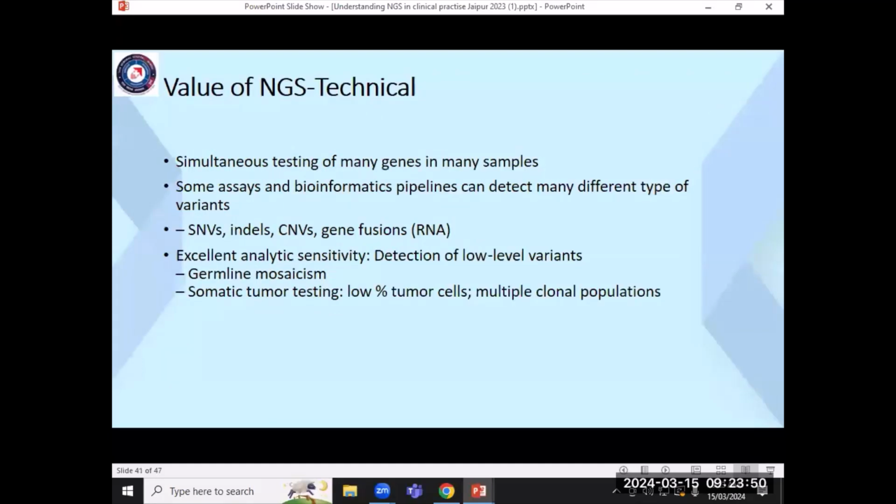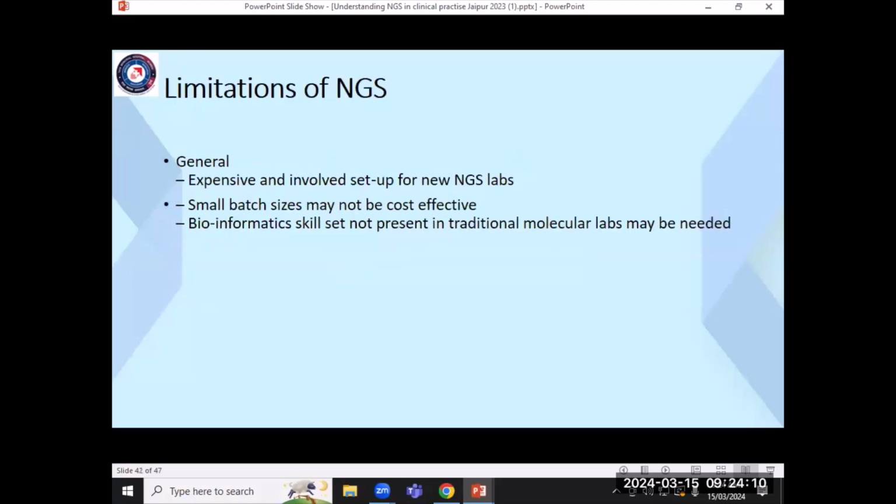The value of NGS, to summarize in technical terms, is simultaneous testing of many genes. Some assays and bioinformatics pipelines can detect many different types of variants, with excellent analytical sensitivity, detection of low-level variants, and even germline mosaicism, somatic tumor testing, low-percent tumor cells, and multiple clonal populations.